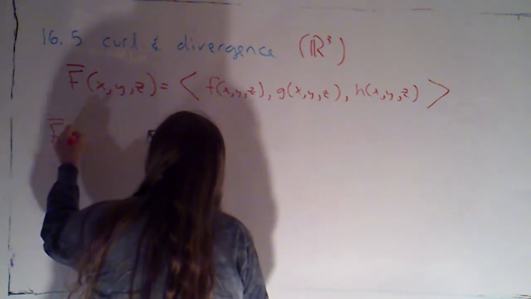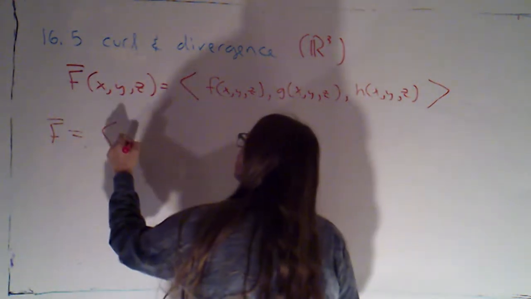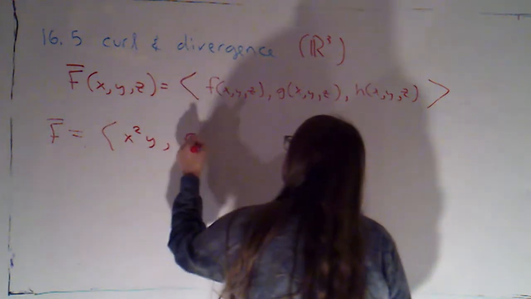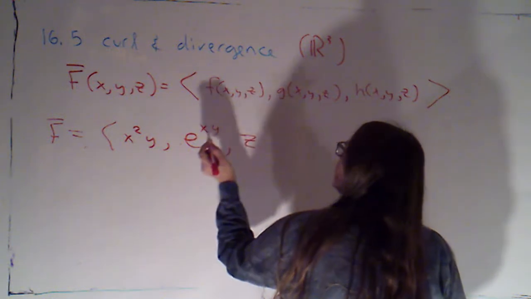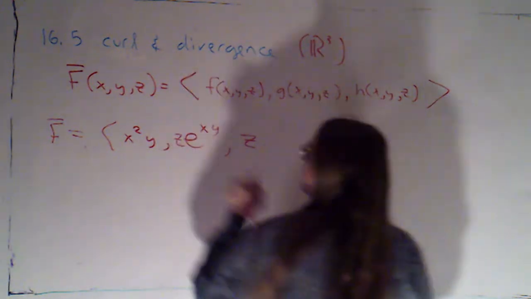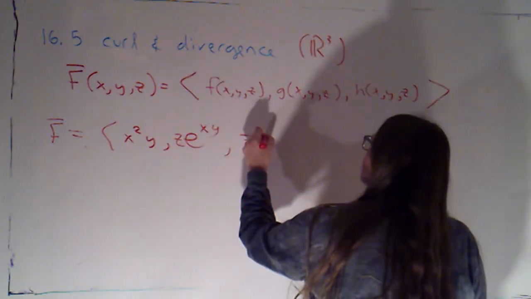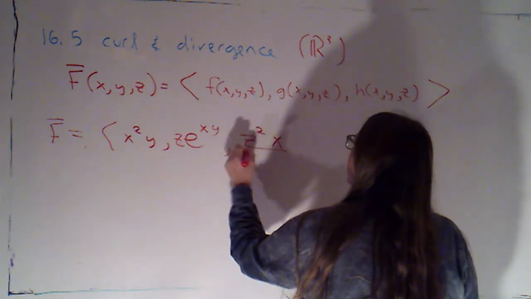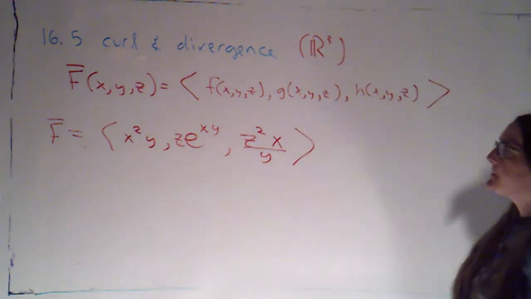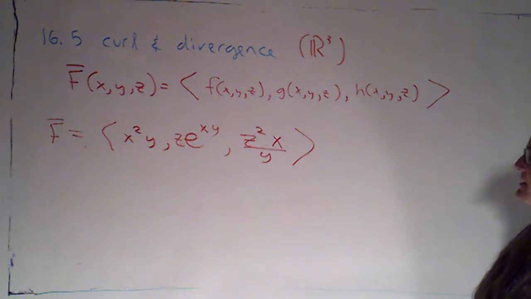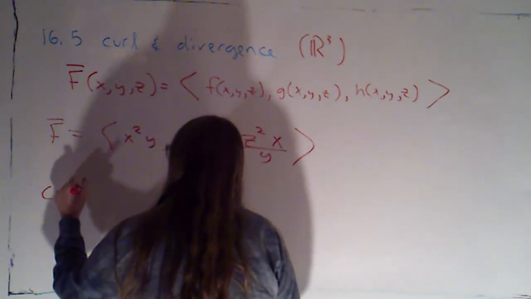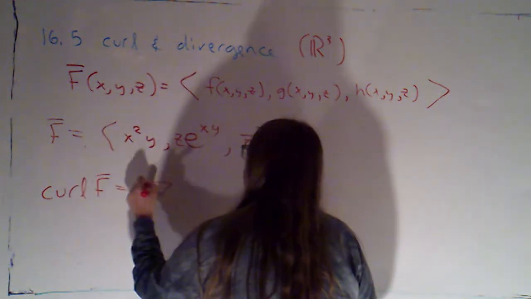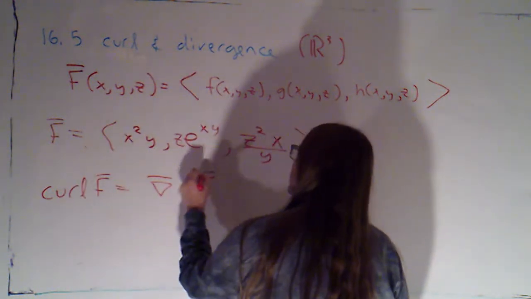Let's suppose my vector field f is x squared y, z e to the xy, and then z squared x over y. Okay, excellent. So if I want to calculate the curl of f, I know that that's the del operator crossed with f.